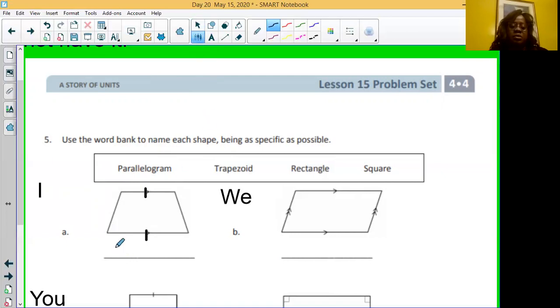So we're going to write trapezoid here. So pick up your pencils and write trapezoid as I am.